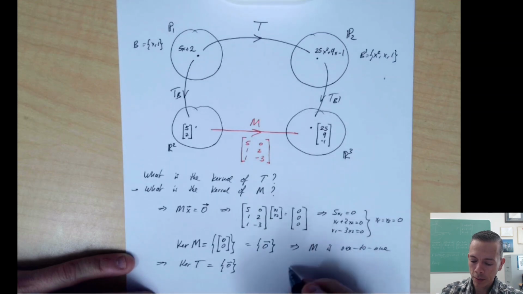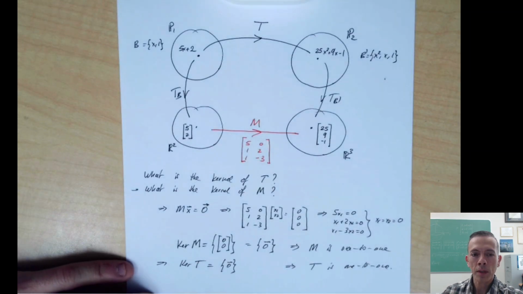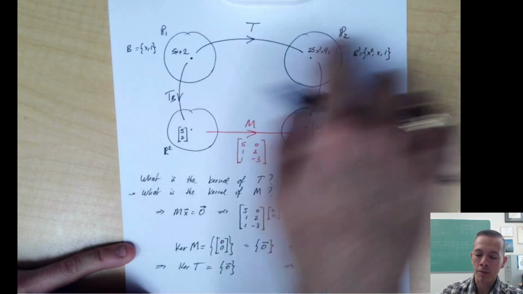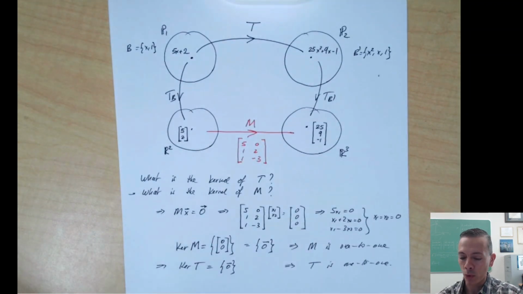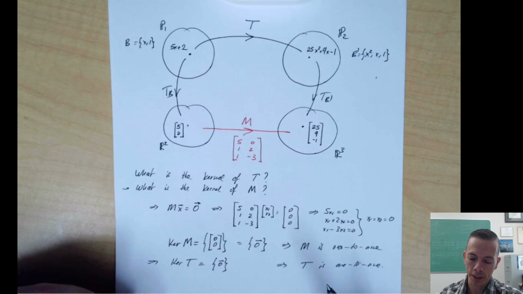And so this means automatically that T is also 1 to 1. So as you see, you can work on the level of M or at the level of T, and everything is faithfully preserved. It oftentimes makes more sense to work on the level of M because we're working with matrices, which are a lot easier to deal with.